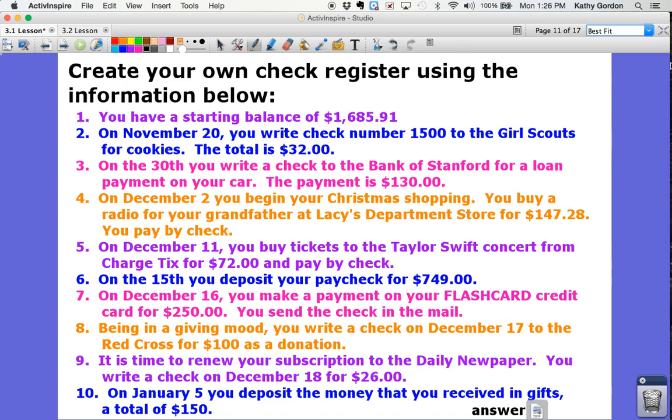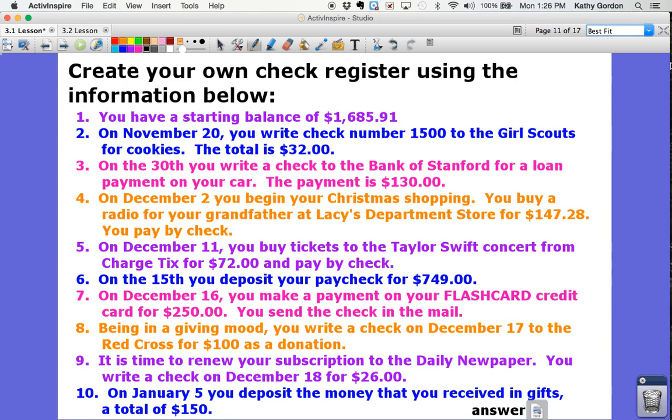So how do we make this all work? Well, the first thing you do is you look at your statement and you look at your register and you check everything that's on the statement. So remember that little column I said had the check mark on it? So you now go through and you put a check mark beside 1502, and you put a check mark beside 1501, and a check mark beside 1504 and 1503 and 1506, because those are checks that have actually cleared the bank now.